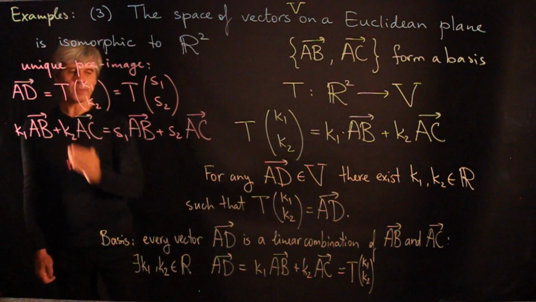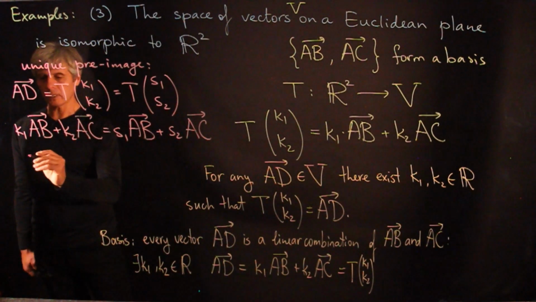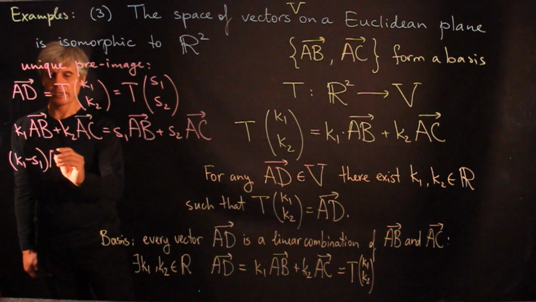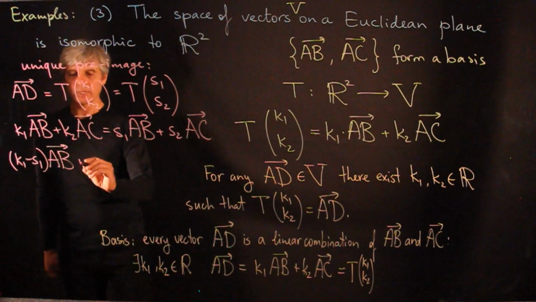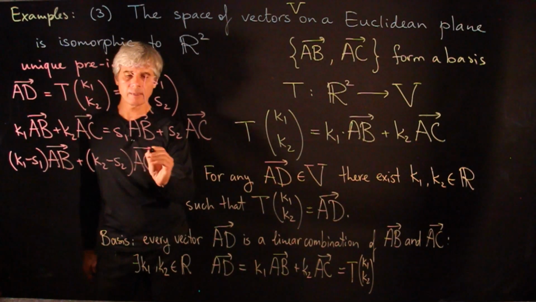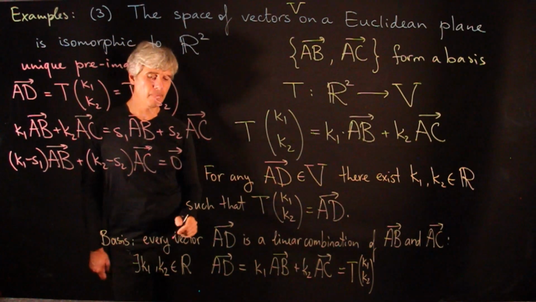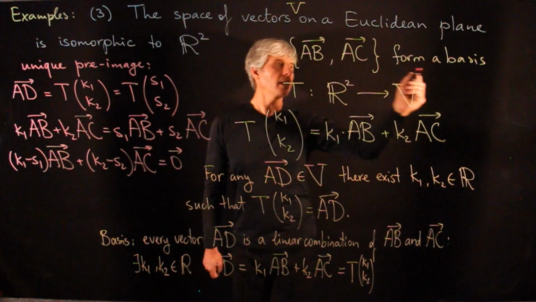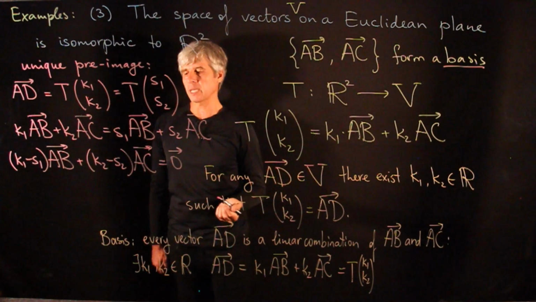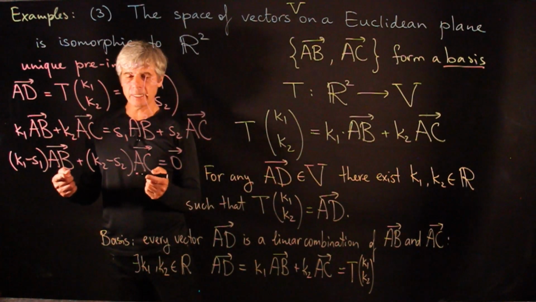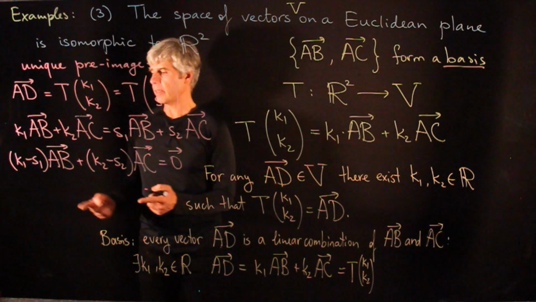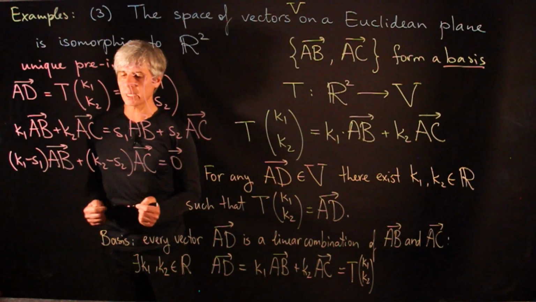Now, if we move everything to one side, this will tell us that (K1 minus S1) times AB plus (K2 minus S2) times AC is equal to the zero vector. But again, we have that these two vectors form a basis, and our second property of a basis is that if a linear combination of two basis vectors is equal to the zero vector, then both coefficients of this linear combination must be zero.